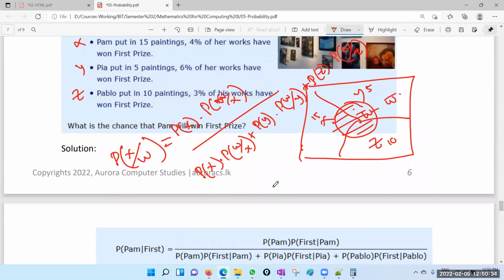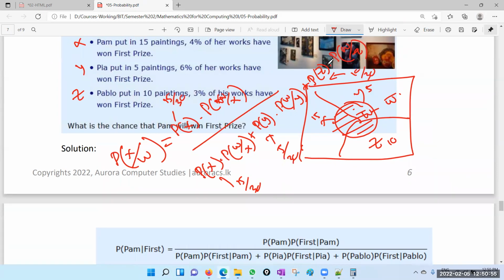The probability of Y is 5 divided by 30. The probability of Z is 10 divided by 30.